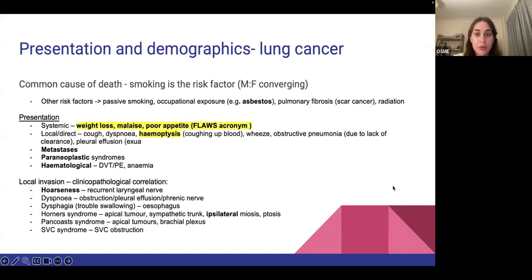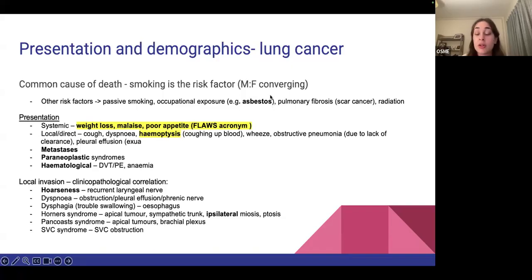So we'll get started with lung cancer. The main thing that you need to look for in the question stem, if it's lung cancer, is risk factors. By far the biggest risk factor for any lung cancer will be smoking, but there are certain ones where it's more so the case, so things like adenocarcinoma. But other risk factors that you should look for are things like occupational exposure, so things like asbestos.